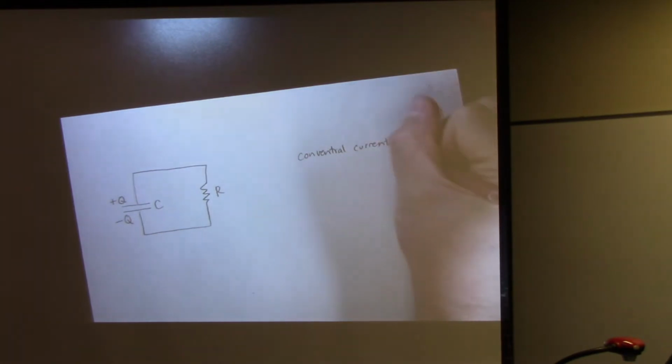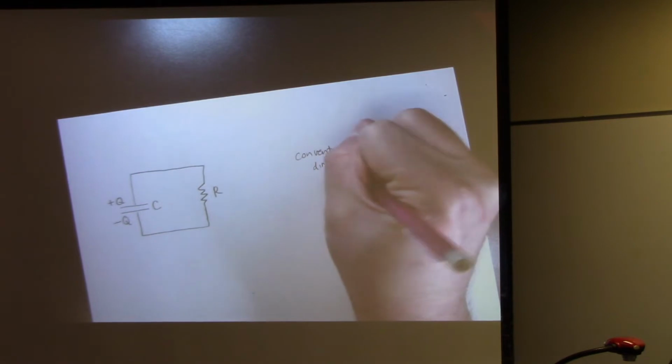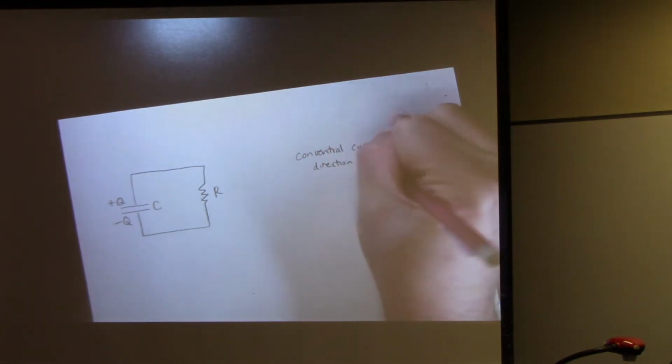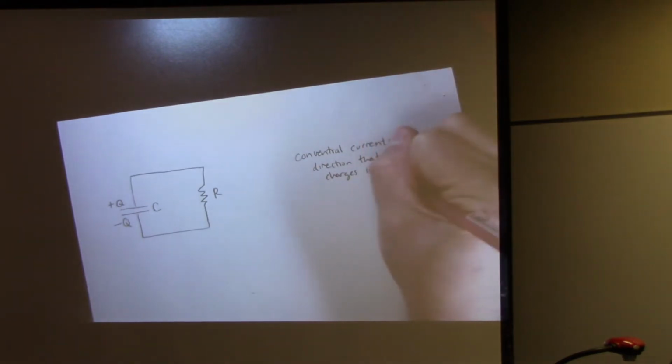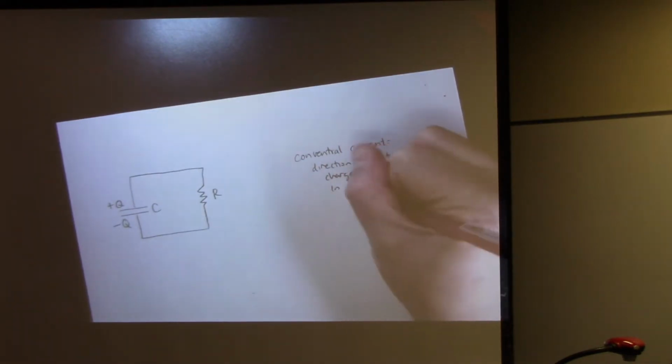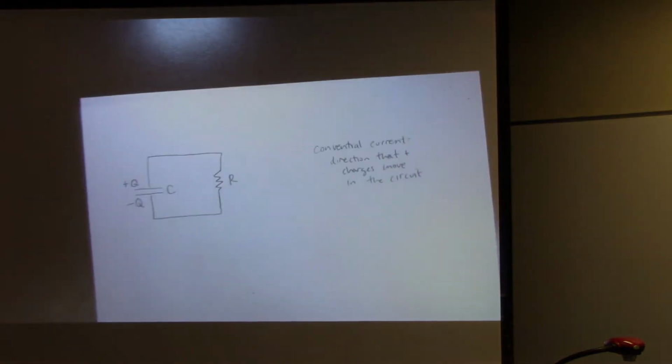Remember, the direction of conventional current is the direction that positive charges move in the circuit. So again, we're going to pretend that it's actually positive charges that move around in these wires. And which way would a positive charge want to go if we connect the circuit in this way?